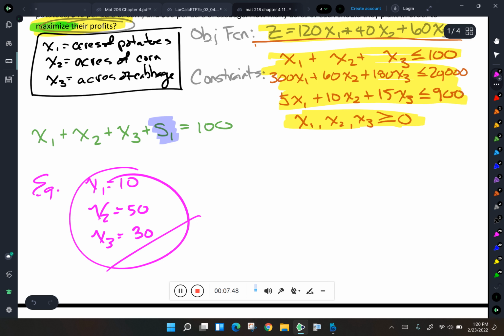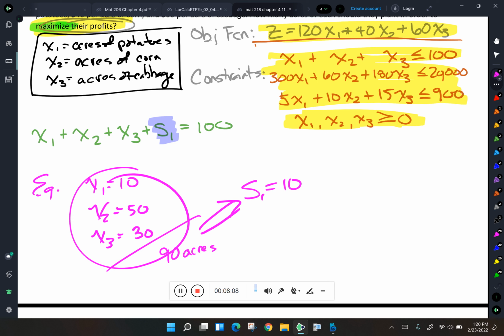Well, if you add that all up, that only adds up to 90 acres. So that would imply that our s1, our slack, would be 10, or that we would have 10 acres that ended up not being planted. Right? Does that make sense?